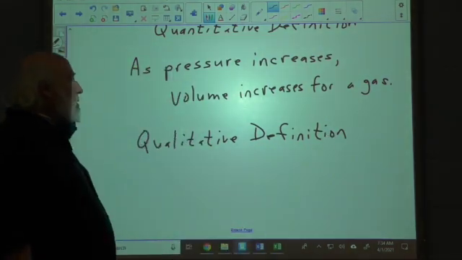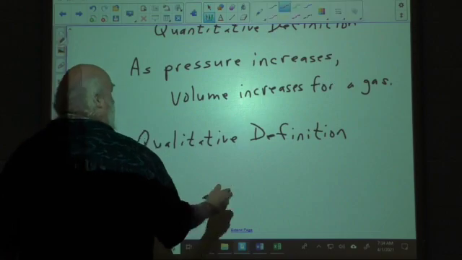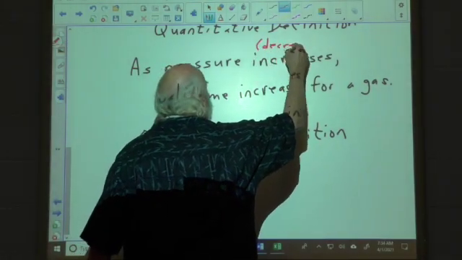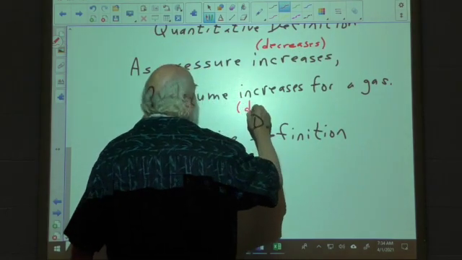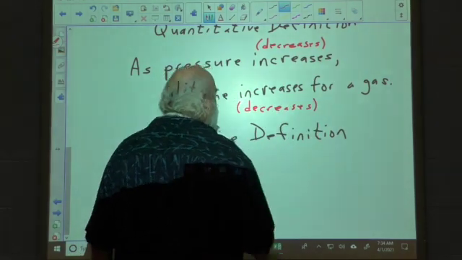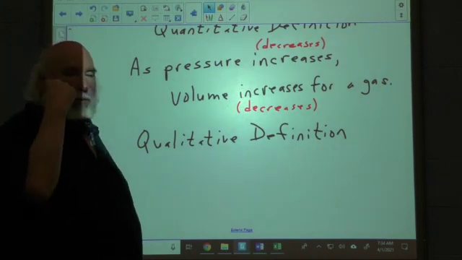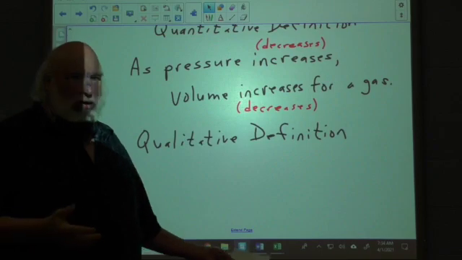And the qualitative definition is basically a statement in words. Now, we could also have replaced the word increases with decreases, and the law states the same thing in either terms. A law is a description of a pattern of behavior of whatever quantities you're looking at.